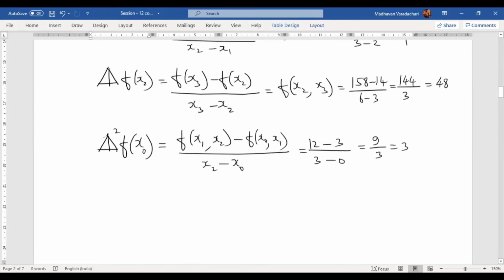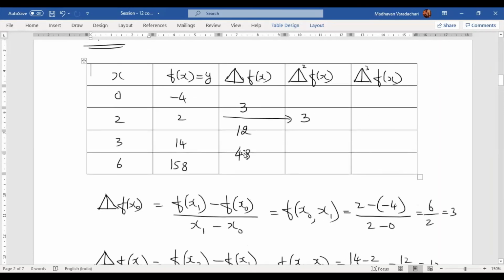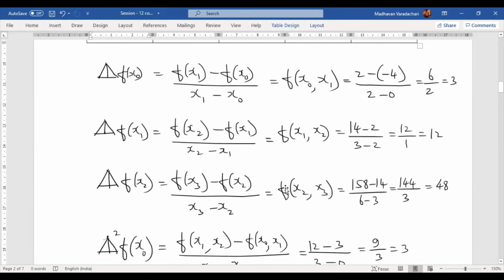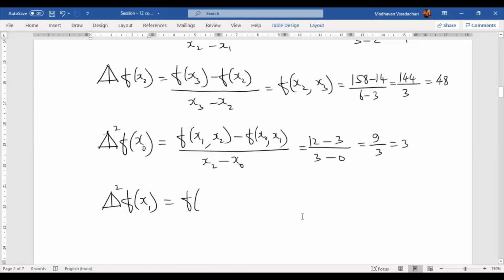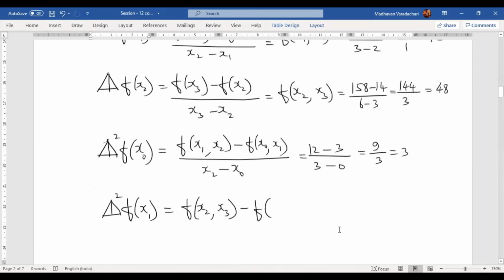Same way, the divided difference of f of x1. You are going to consider this and this. What is 48? 48 is nothing but f of x2, x3 minus f of x1, x2, which is 12.